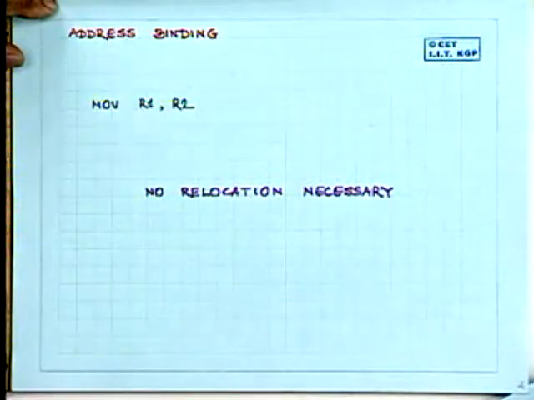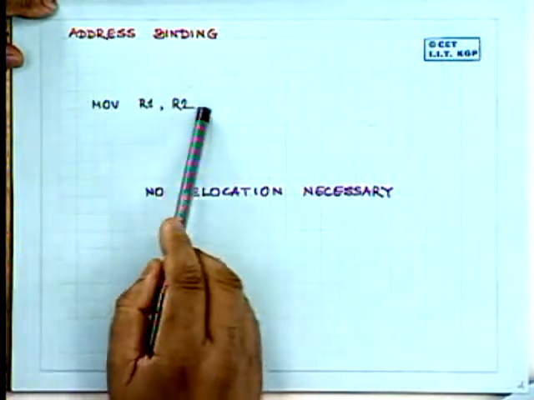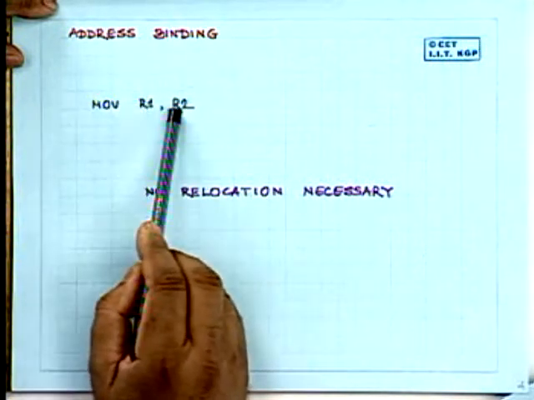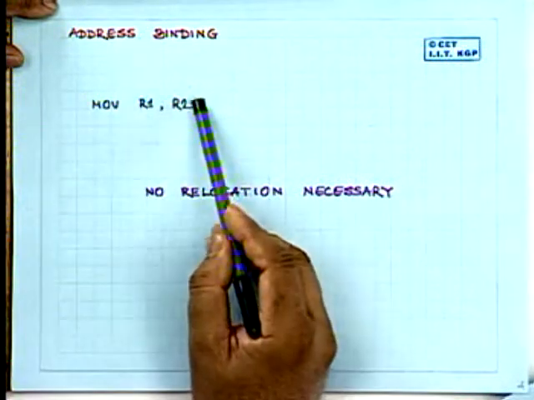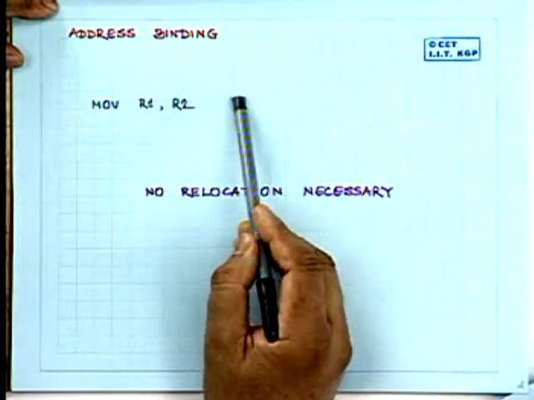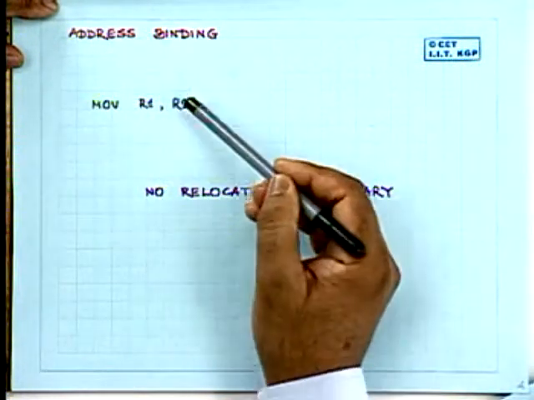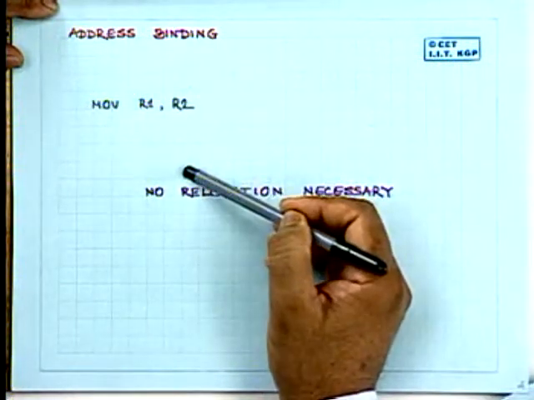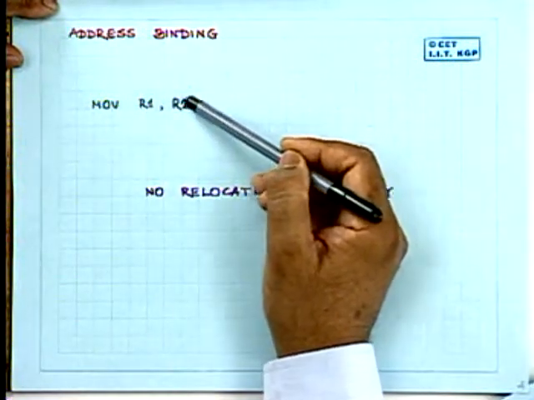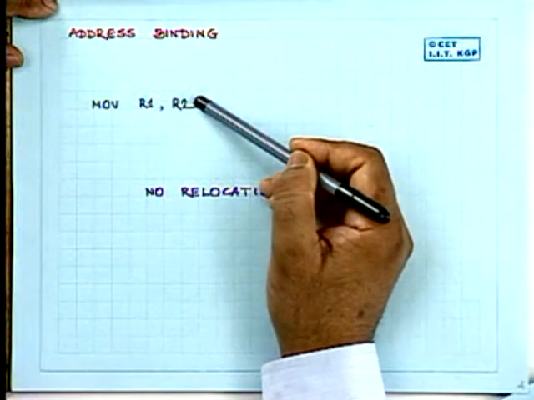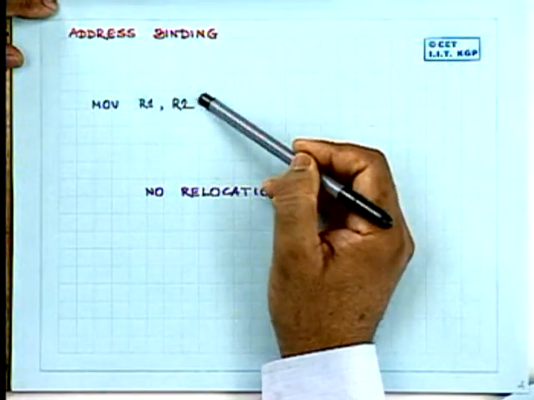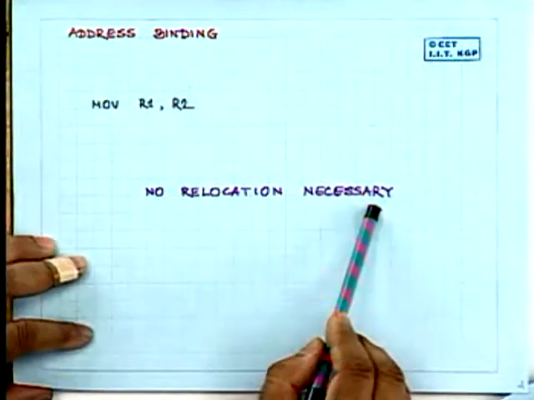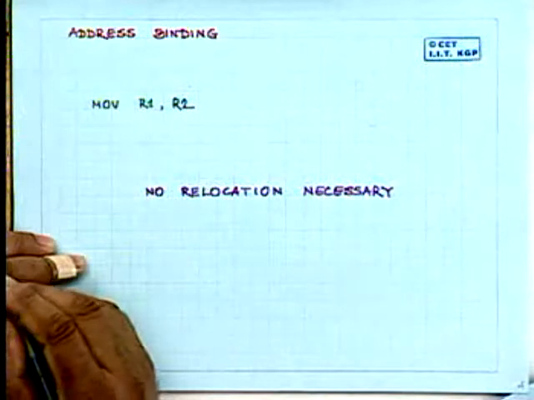You see here that since no memory reference is involved while executing this instruction, the code that is generated is absolute, because if we move this instruction from any location to any location, the execution is not affected, as no memory reference has to be done. Therefore, we say that no relocation is necessary for this particular instruction.